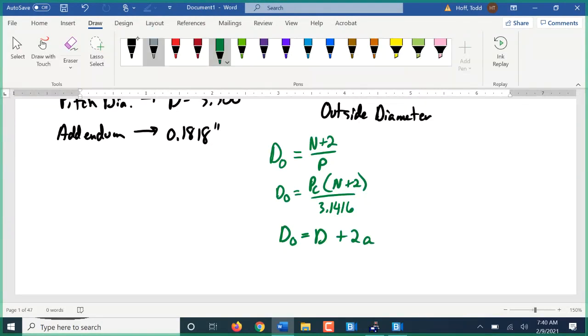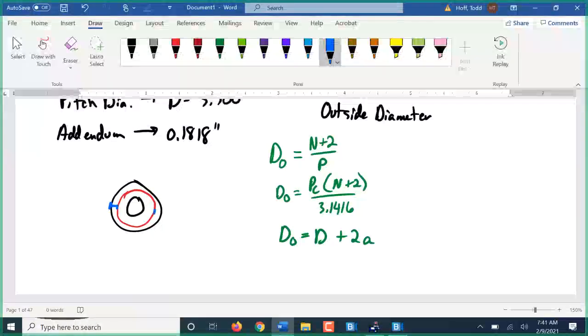Makes sense, because remember you have the inside diameter and the outside diameter, and the pitch diameter is in between them. The addendum just goes from the pitch diameter out to that outer diameter. So if you do that on both sides, that would give you the outside diameter.